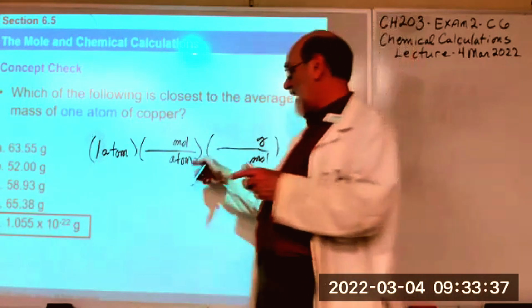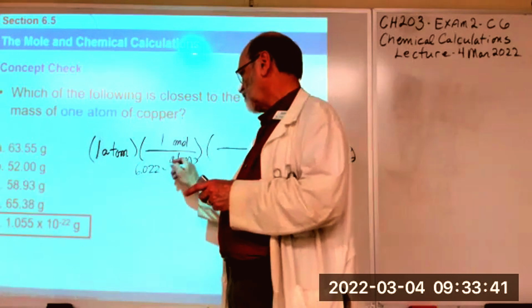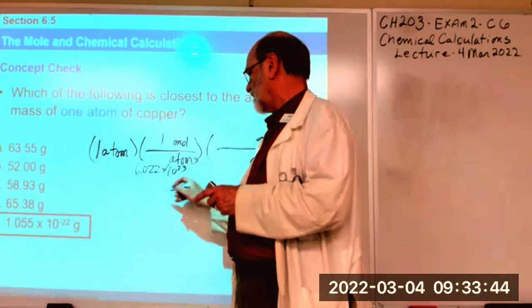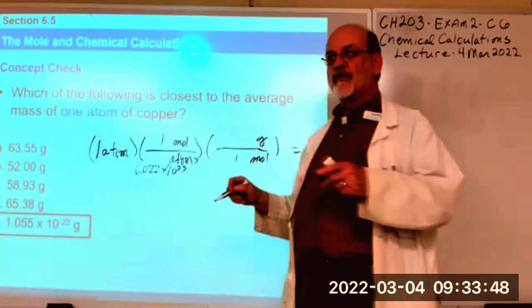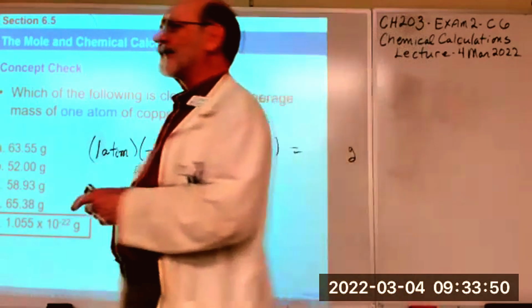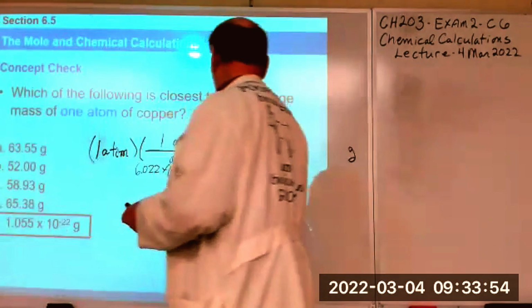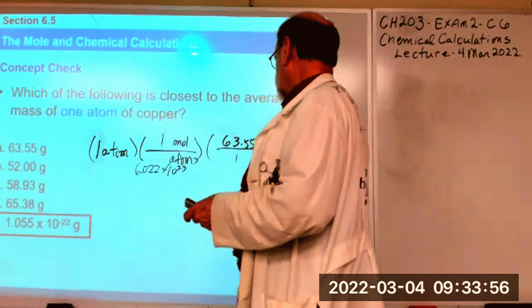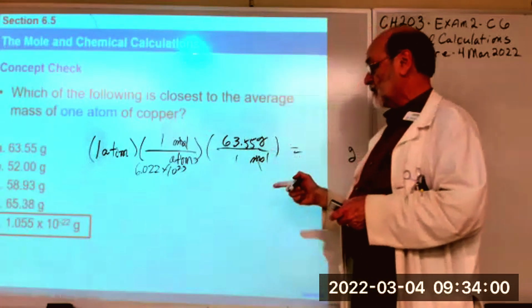And we know that atoms and moles are related by Avogadro's number. Then we can get rid of atoms. Now for moles, we need so many grams per mole. For copper, we look up the periodic table: 63.55. Then that cancels moles and leaves us with grams.